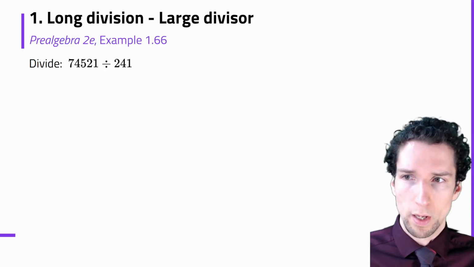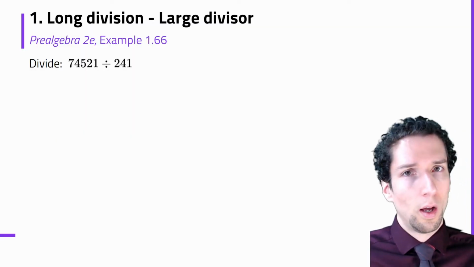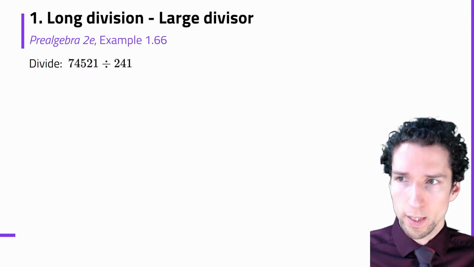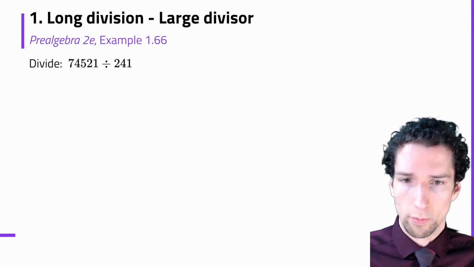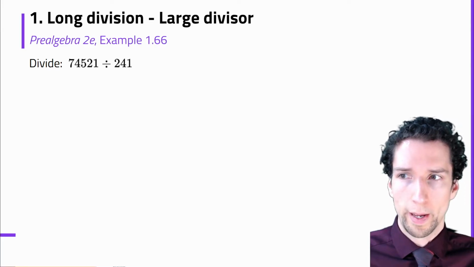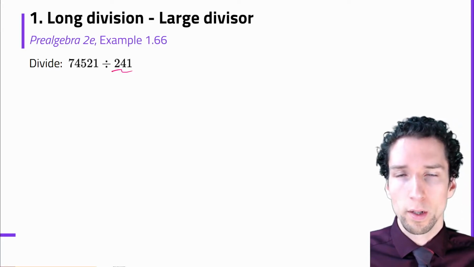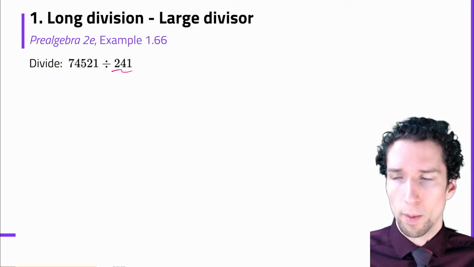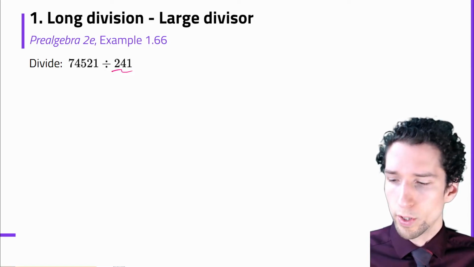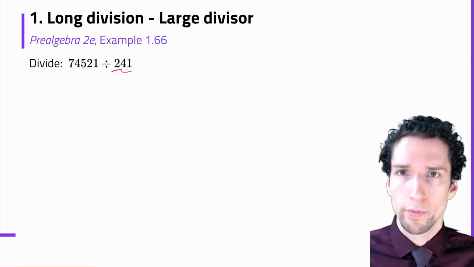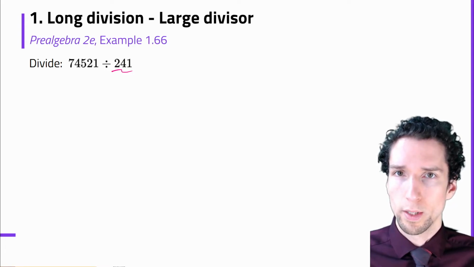Now let's get into the bigger ones. One set of examples like this with just a rather large number being divided by another smaller but still large number. If we understand our division concepts well, long division, then we should be able to do this.